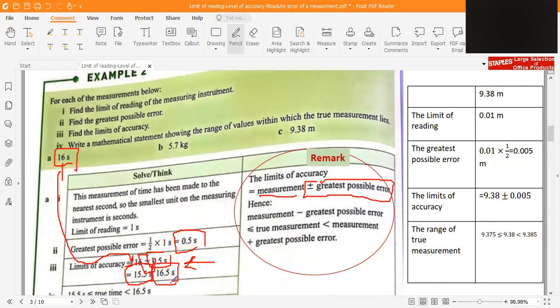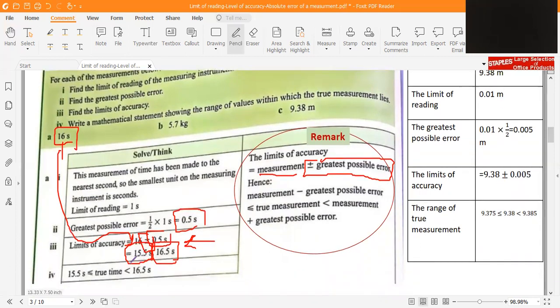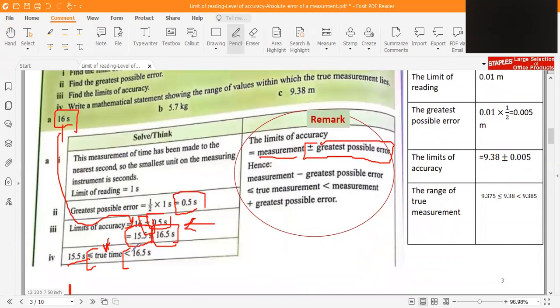Using the lower and upper limits, we can obtain the range where the true measurement is included. The range includes values greater than or equal to the lower limit and strictly smaller than the upper limit. You can also find on the right a second example, part C of this exercise.